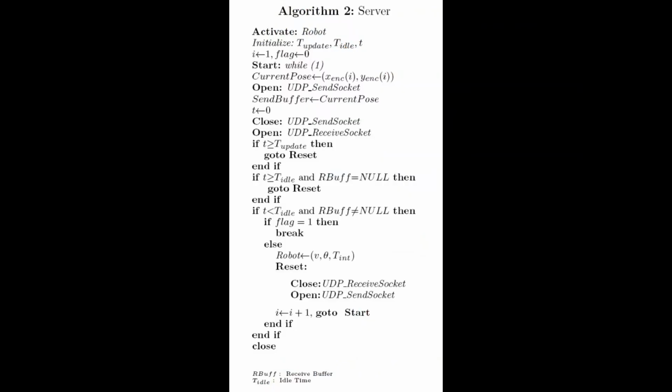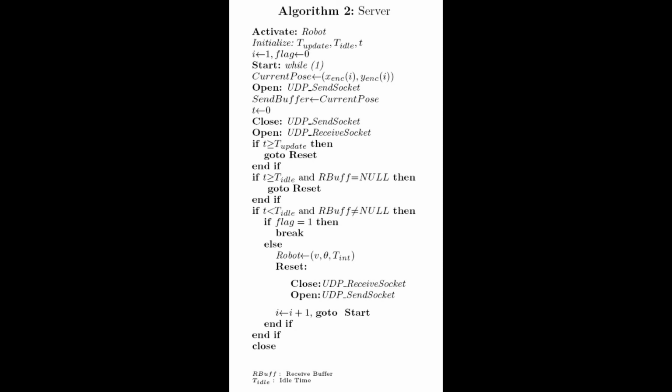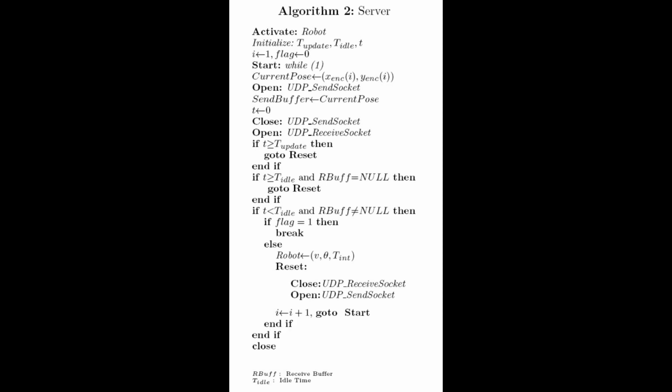The data packets are transmitted using user datagram protocol, which supports real-time data transfer. A predefined time interval referred to as the idle time has been used to check transmission status. Inactivity beyond the idle time triggers resetting the communication link and preventing stalled motion condition. Thus, a customized handshaking routine has been developed to supplement the absence of numbered data packet transmission.